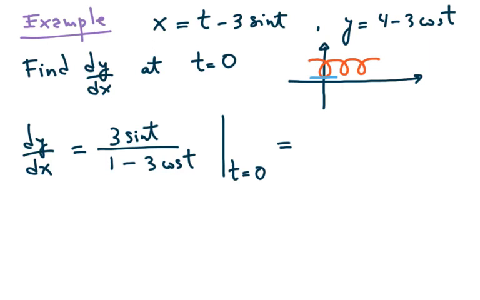We substitute, and we obtain that this is 3 sine of 0. So this is going to be 0. 0 divided by anything will be 0. So we got that the derivative at this point is 0, which makes sense, right? Because we are obtaining that the slope of this blue line here is 0. I mean, this line looks horizontal, and we are obtaining that the slope of the tangent line is really 0.